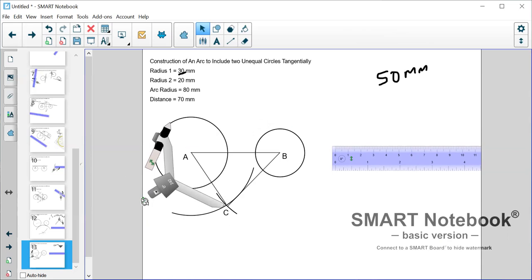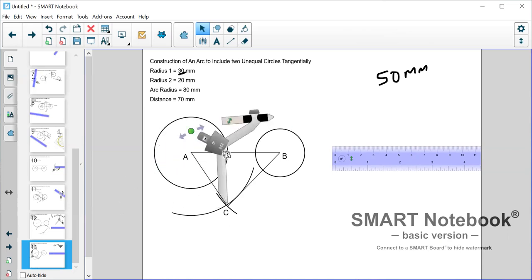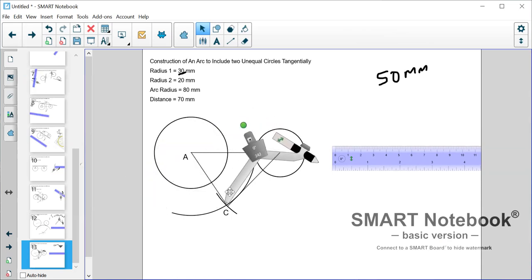And again, you remember I said accuracy is very important. So you might find that because you are not 100% accurate, the arc may not touch, or from time to time it may cut the circumference of the circle.